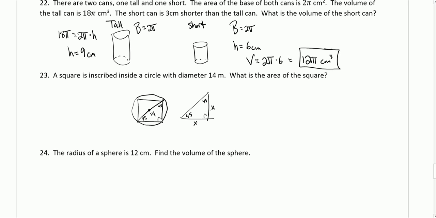And whatever those leg lengths are, the hypotenuse will be that times the square root of 2. So if I say x root 2 equals 14, and solve for x, I end up with x is 7 root 2.